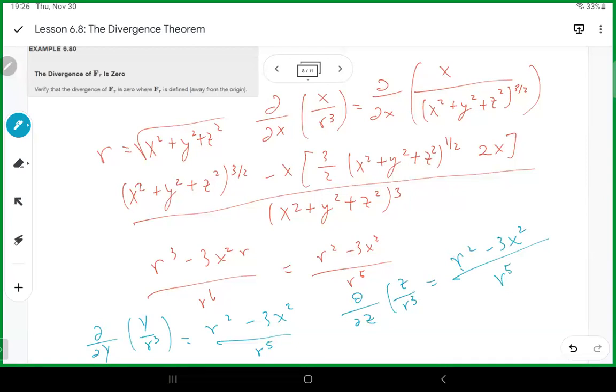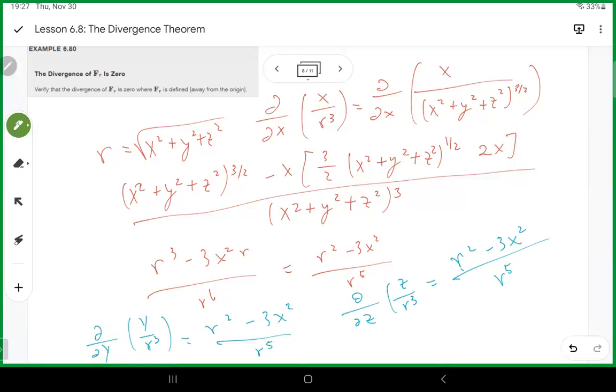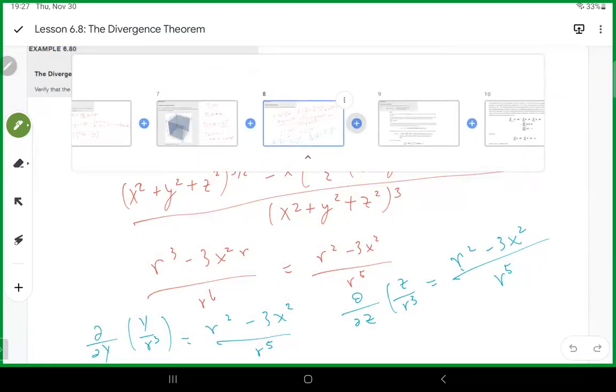Okay, so then we would just do the div F_R. So that's going to be, oops, we'll get a new slide in there.